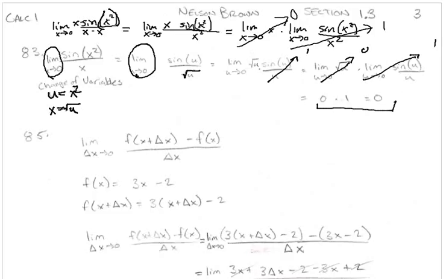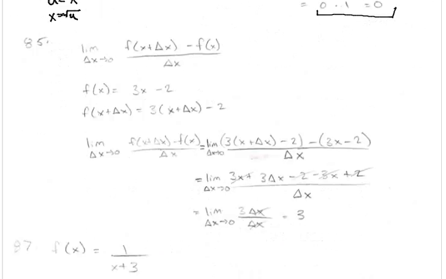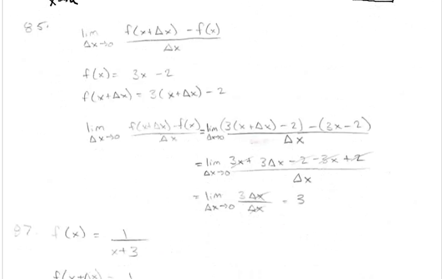So that's number 83. Number 85 says to find the limit as delta x goes to 0 of f of x plus delta x minus f of x divided by delta x. They give us as an example in 85 a function f of x equal to 3x minus 2.